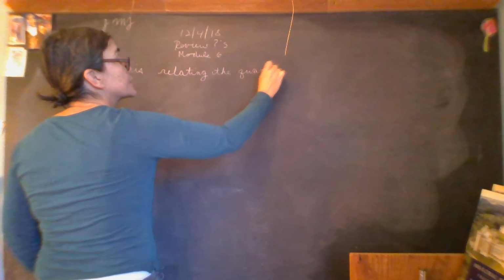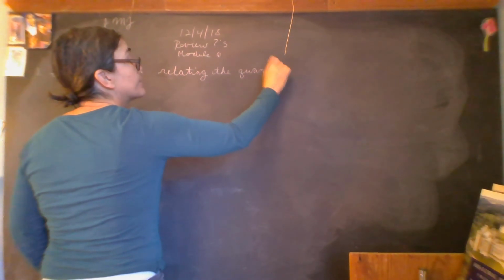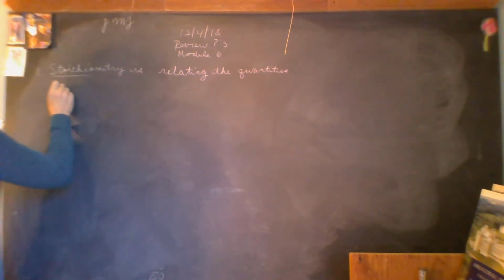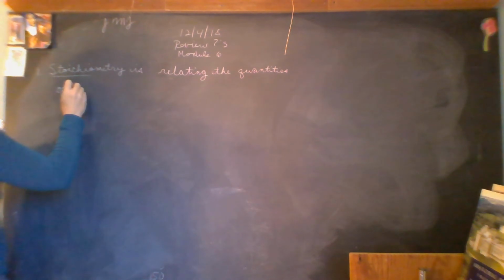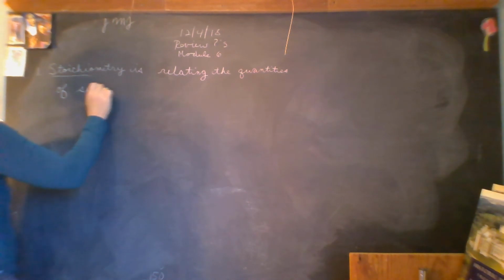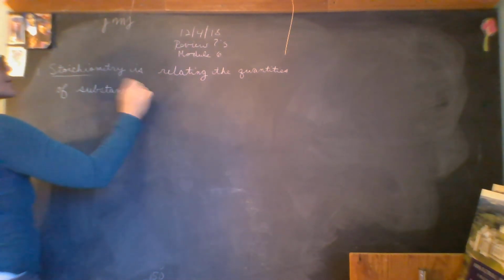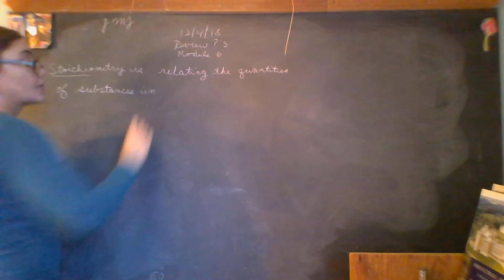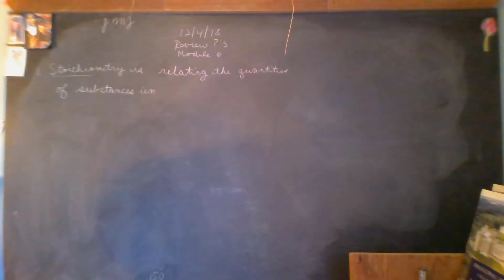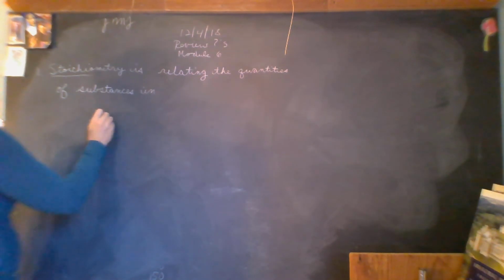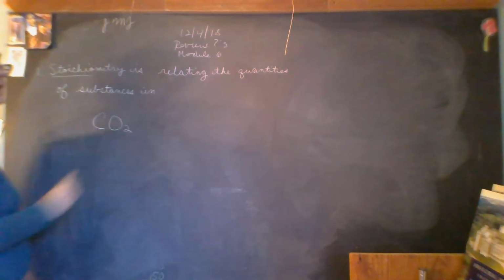Let's just talk about this briefly. How do we do it? With maths. In a chemical equation, we have a chemical formula, right? And the chemical formula will have something like CO2, right?